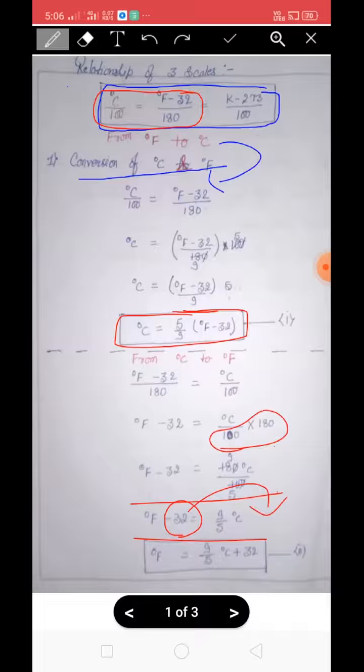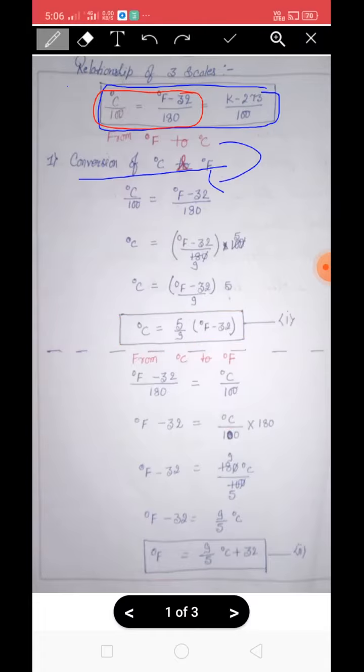So the next step of this equation is degree Fahrenheit is equal to 9 by 5 degree C plus 32. So this is the second equation that can be used to change degree centigrade to Fahrenheit. Clear, everyone?